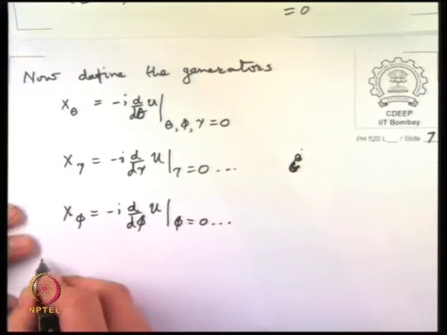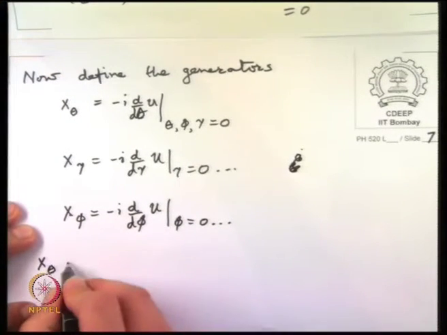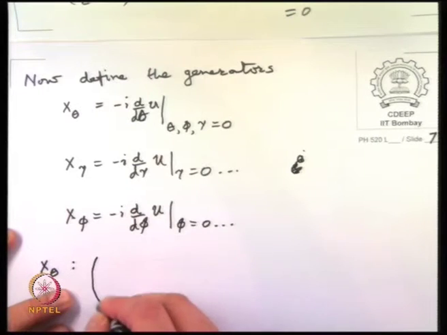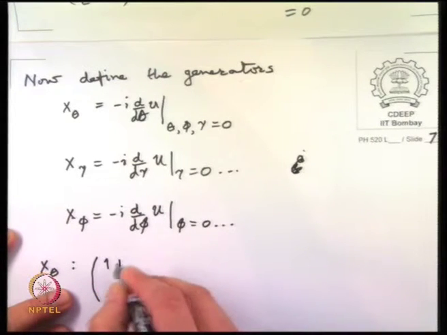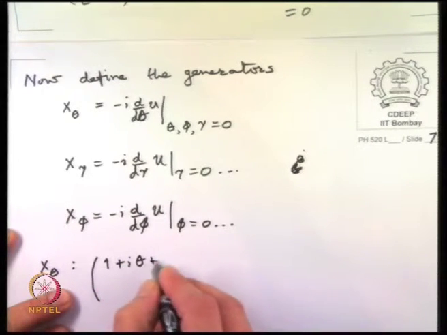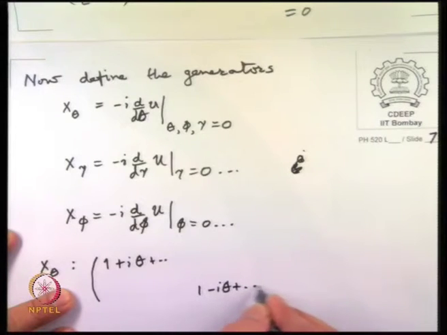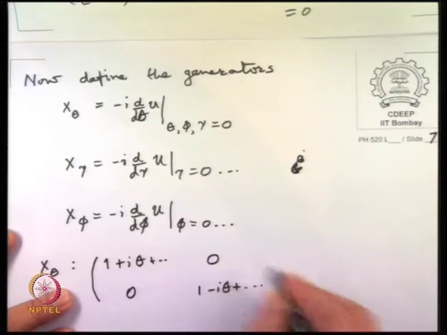So for X_theta, instead of doing this differentiation, all I can do is expand that. It becomes 1 plus i theta plus dot dot dot, and the lower component is 1 minus i theta plus dot dot dot, and I can set the other parameters to 0 for the time being.